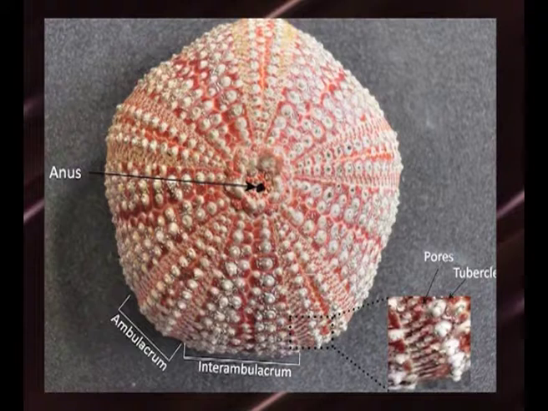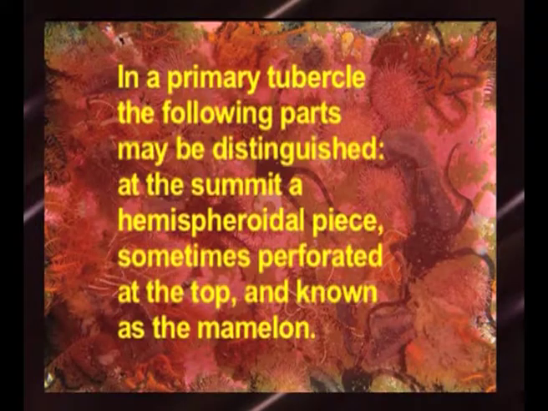The plates of both ambulacral and the interambulacral areas are often provided with rounded elevations known as tubercles and granules. The tubercles are of various sizes, the largest being the primary, and those of the smaller sizes are secondary. In the primary tubercle, the following parts may be distinguished. At the summit, a hemispheroidal piece, sometimes perforated at the top, known as the mamelon.